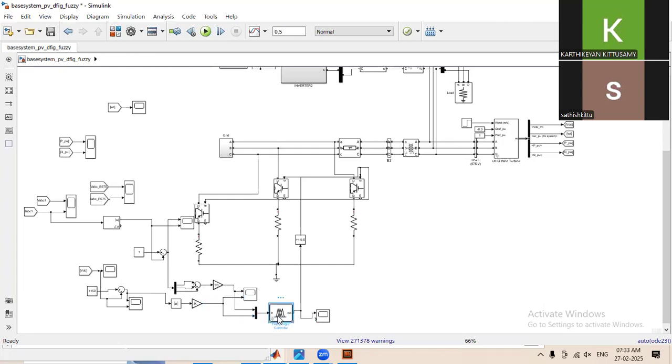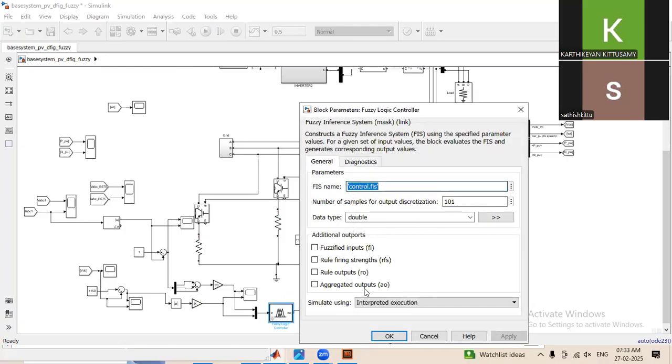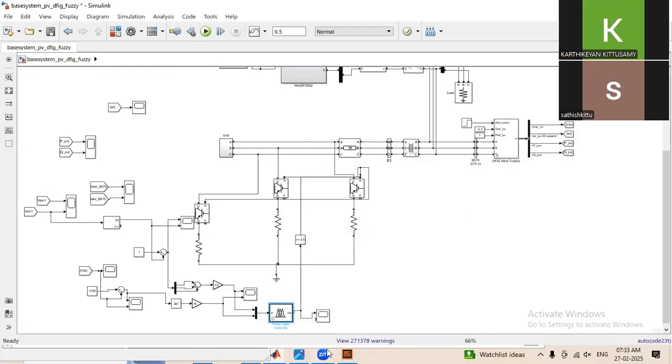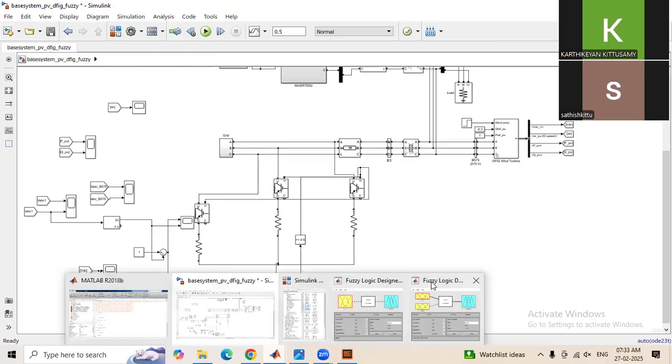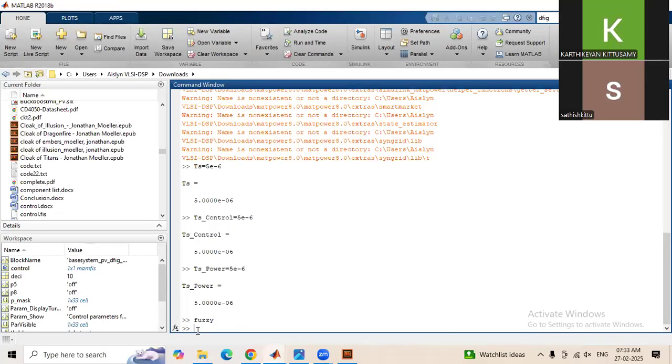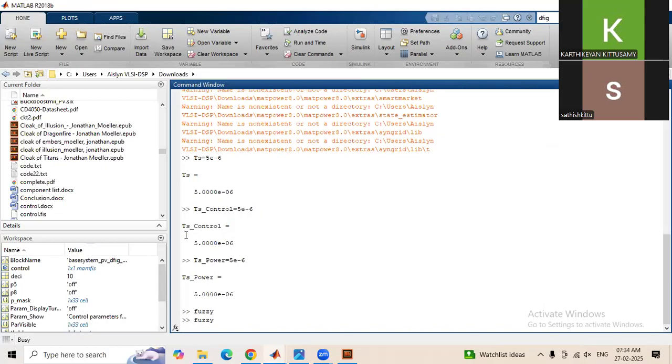Here this is the name of the fuzzy file, that is control.fis, that can be opened with the fuzzy command. Type fuzzy in the command window before running the simulation.